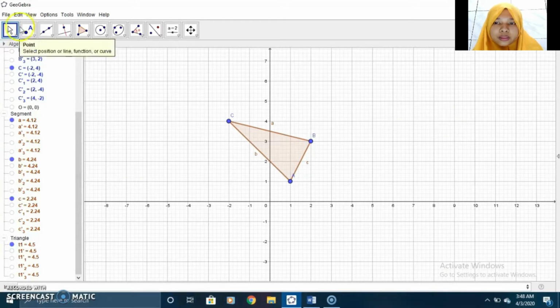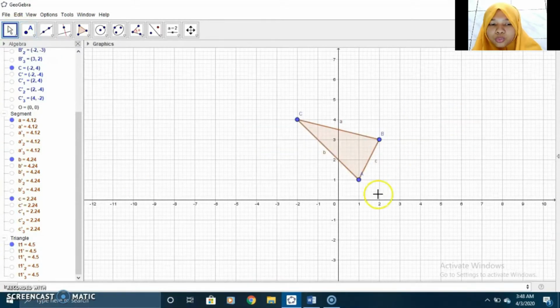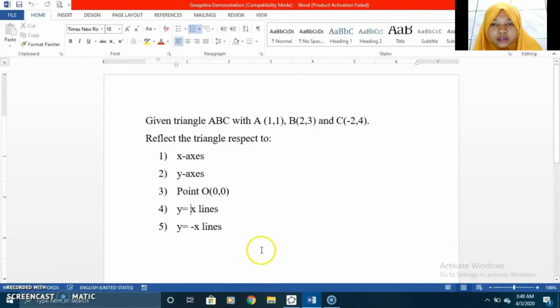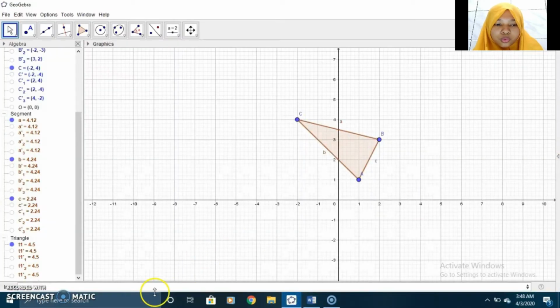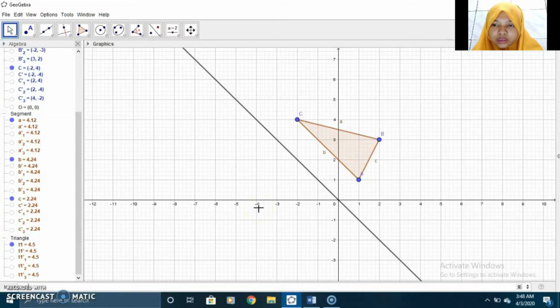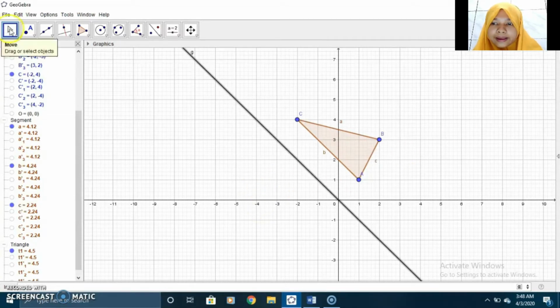Okay, now we reflect the triangle ABC with respect to the line y equals minus x. We input the line first, y equals minus x. Then we have the line and triangle ABC.